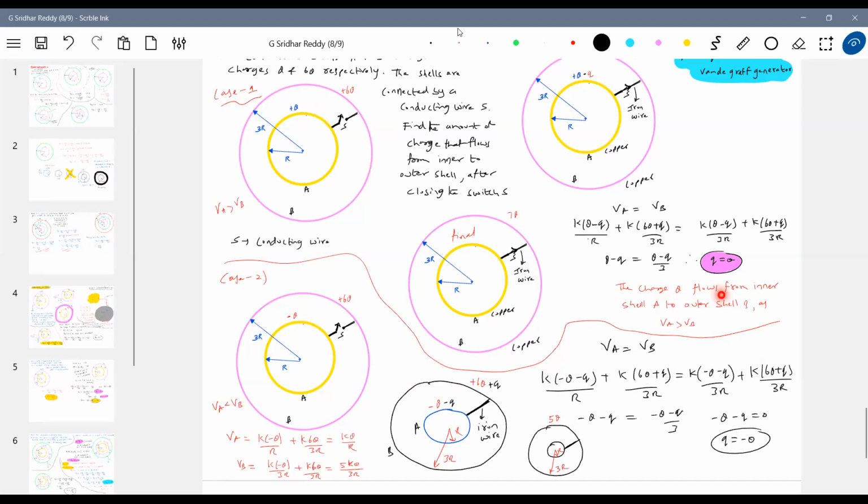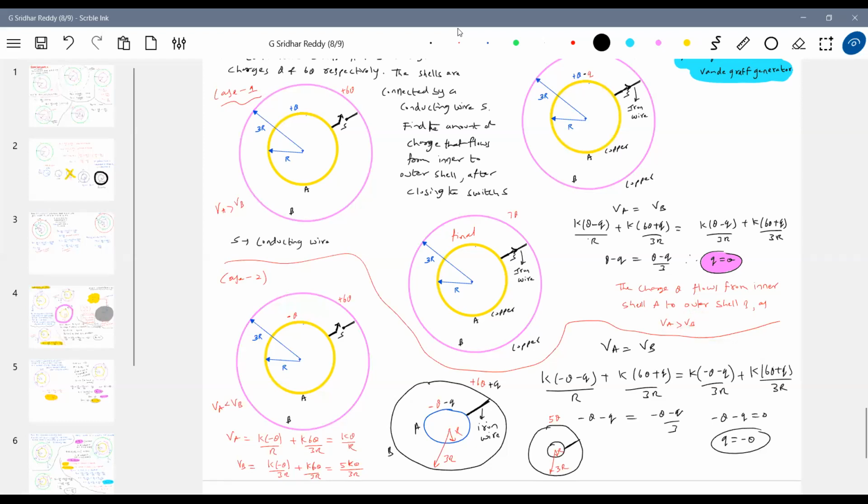The charge Q flows from the inner shell to outer shell B as VA less than VB. So is it a correct statement? Not a must, but may. Even so I can write the sentence: the charge Q flows from inner shell A to outer shell B as VA less than VB. Yes. So there is nothing like charge flows only when VA is greater than VB.